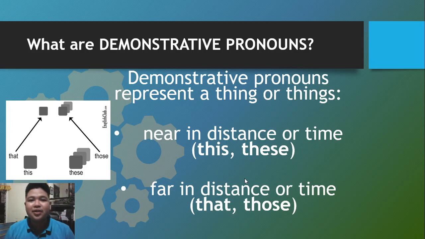Okay, so demonstrative pronouns represent a thing or things. First, these represent a thing or things that are near in distance or time, like, for example, this and these. And next is far in distance or time, that or those.